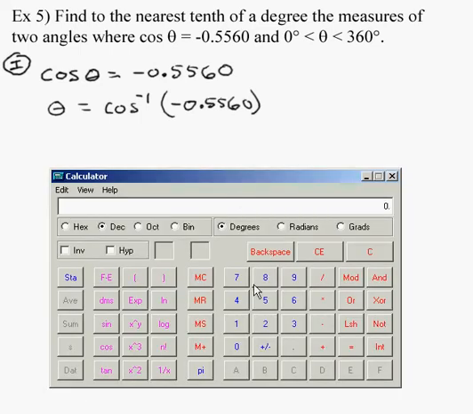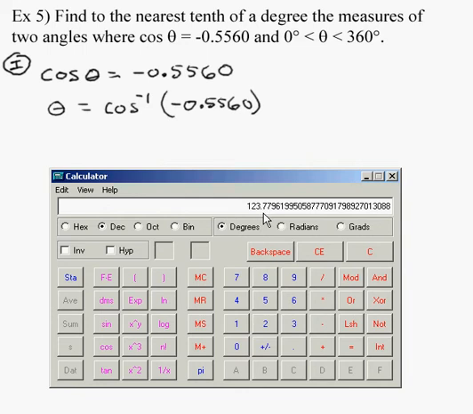So let's get our calculators, clear off our last entry. Let's type in 0.5560. And actually, there is a button on your calculator that changes the sign from plus to minus. So let me make sure that's a negative 0.5560. Then I'm going to take the inverse cosine of that.